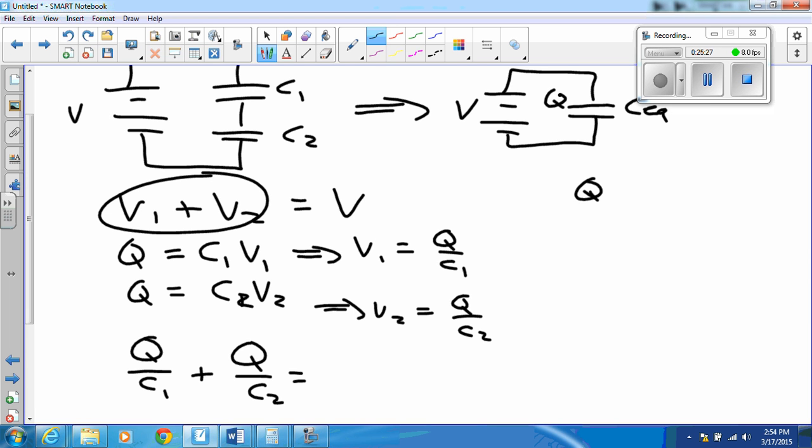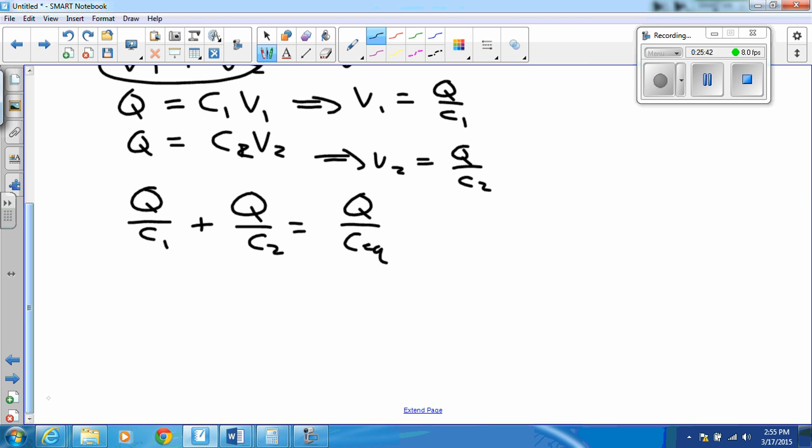Now what about the V? Over here, I can say that Q, again the same charge as is stored here and here, is equal to CEQ times V. So that V is equal to Q over CEQ. What do you see? A lot of Q's. A common factor of Q, in fact.